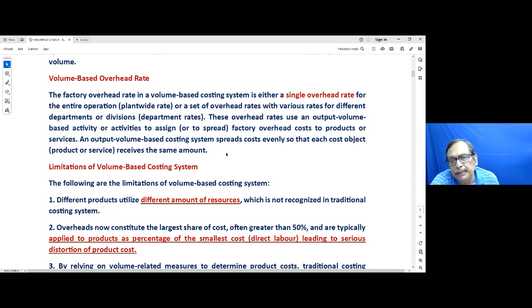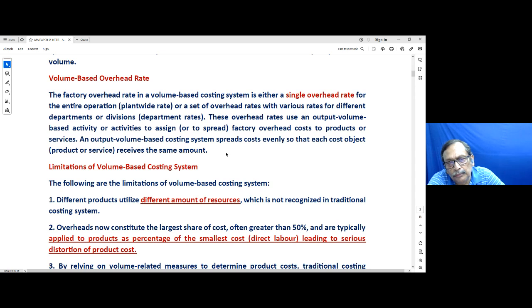These are called departmental rates. These overhead rates use an output volume-based activity or activities to assign or to spread factory overhead costs to products or services. So again, I am repeating, we are giving emphasis on that is volume-based.